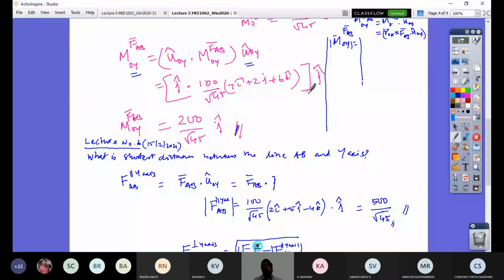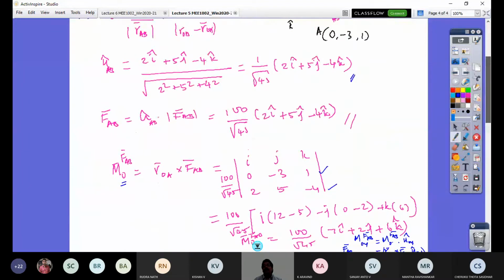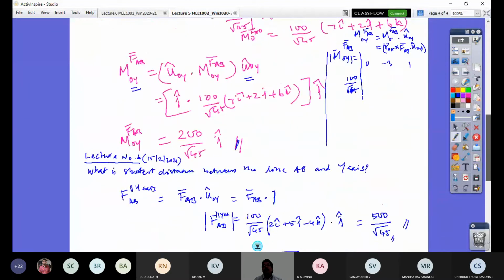0, -3, 1. And FAB is 100 by root 45. Let me take it out. And what was inside is this force vector. It was 2, 5, -4. So 2, 5, -4. And what is the unit vector of y-axis?